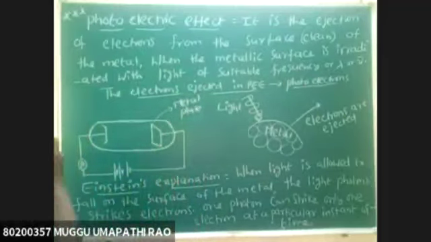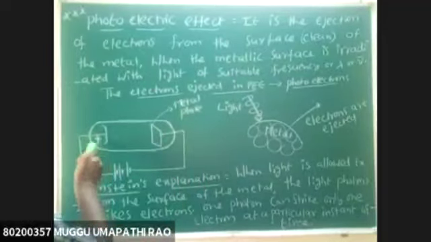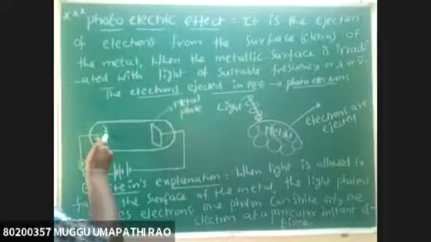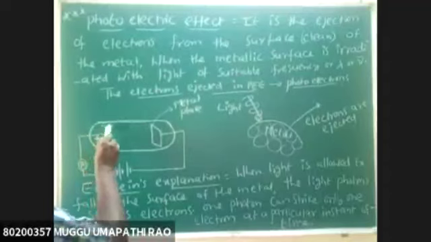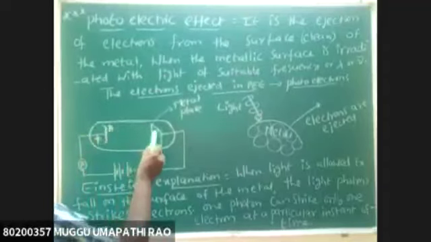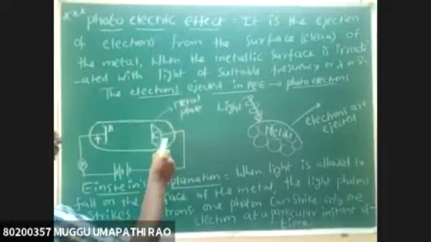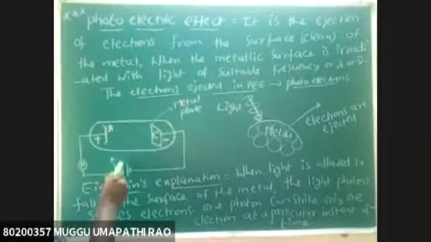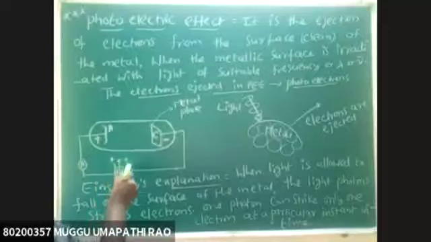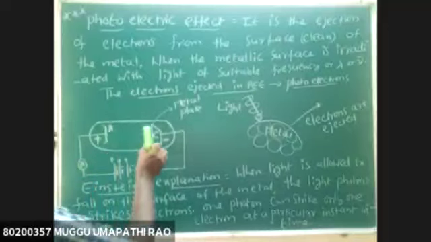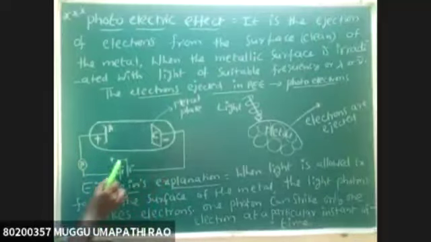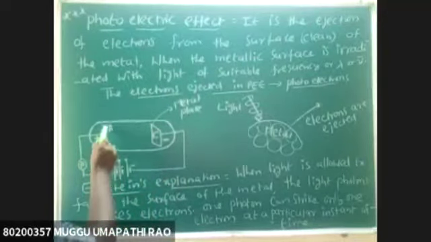Here, this is plus, meaning anode. This is the anode. This is the cathode. This is minus. The plus battery is connected. This is the ammeter. So we take a hard glass tube, put a metal plate, and here as anode we can take another metal also.